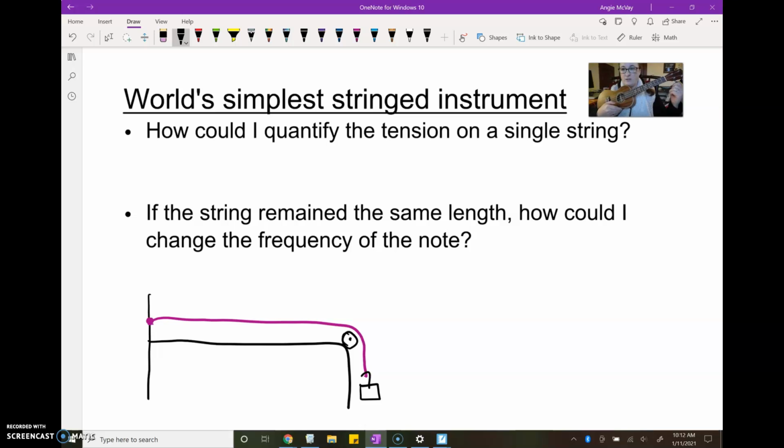You can hear the string produce a higher pitch. So a couple of ways that we can change the note played by a string is to decrease the length of the string or increase the tension. Okay.